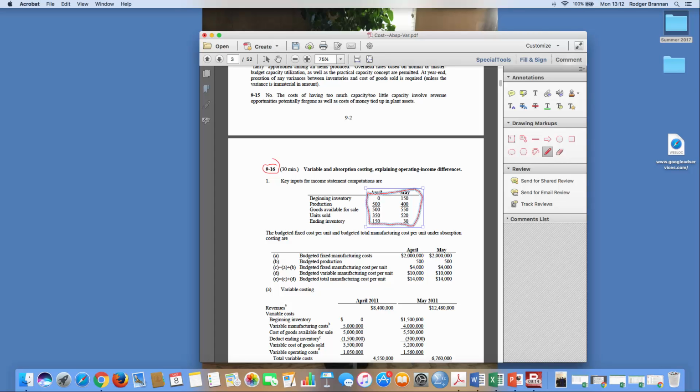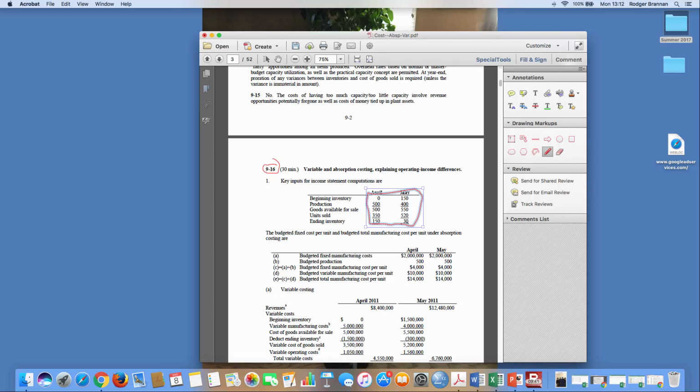Now, in May, I get the opposite situation, where they produce 400 units, but they sell, so they plus what they began with, and they sell 520. So the sales are greater than production, and so actually inventory here is going down from 150 to 30. So you have a change in inventory. It goes up in 1 month, it goes down in another, which has an impact.